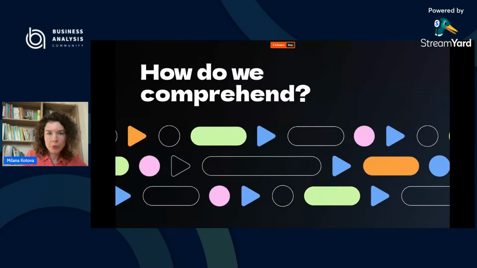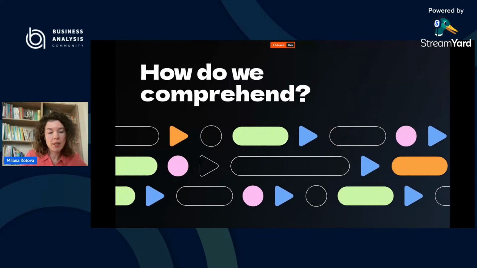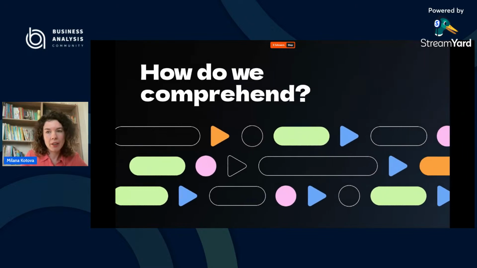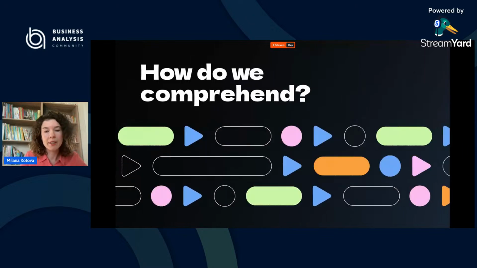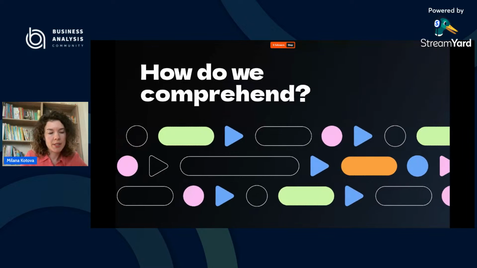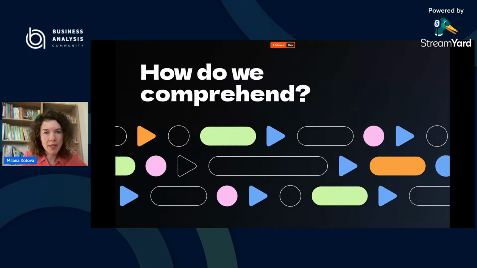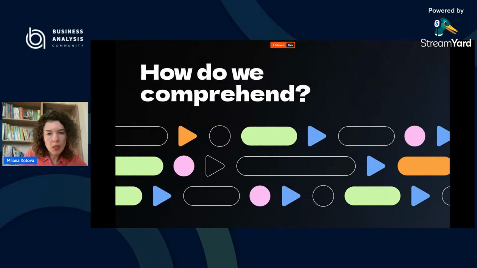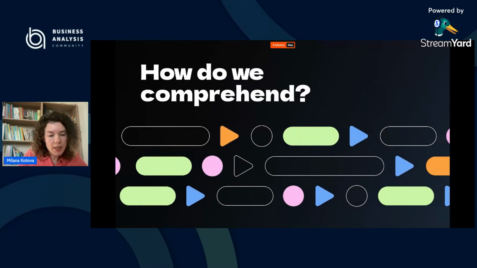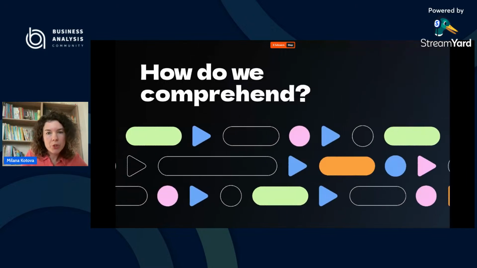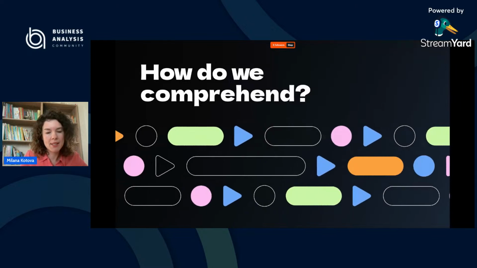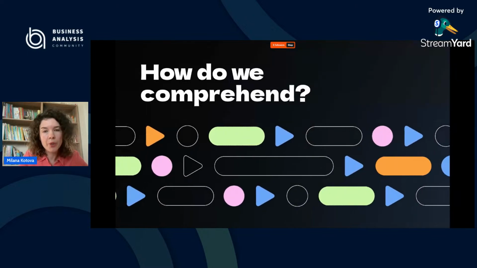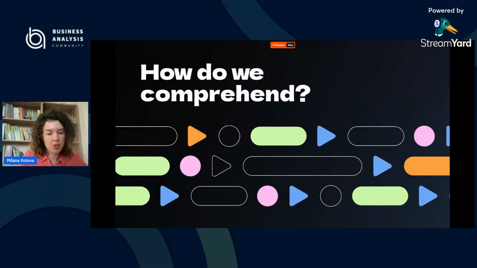Long before we developed language, humans relied on visual cues in the environment to understand the world and make decisions. So today, this evolutionary trait still plays a significant role in how we absorb information.